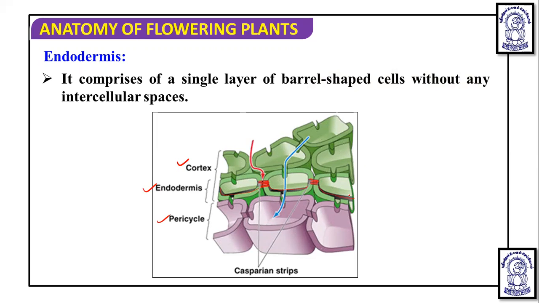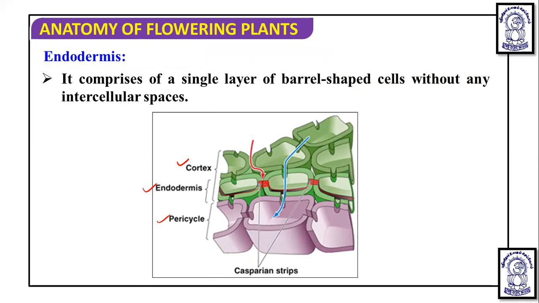Now, you will be wondering how the water will enter the root, because inside the pericycle there is the presence of xylem. Then how will the water reach the xylem? We have already understood that there are some cells in the endodermis which lack these Casparian strips, and they are known as passage cells.